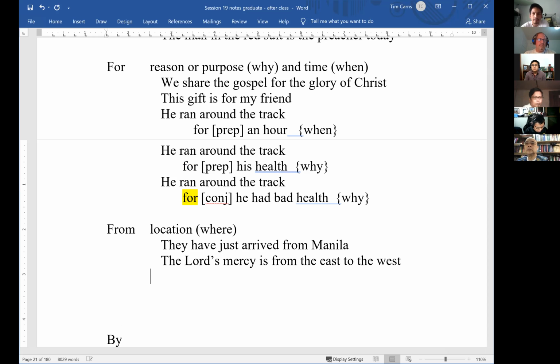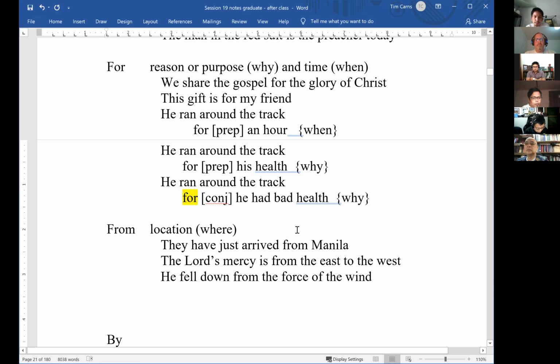Let me give you a sentence: he fell down from the force of the wind. How's it being used there?